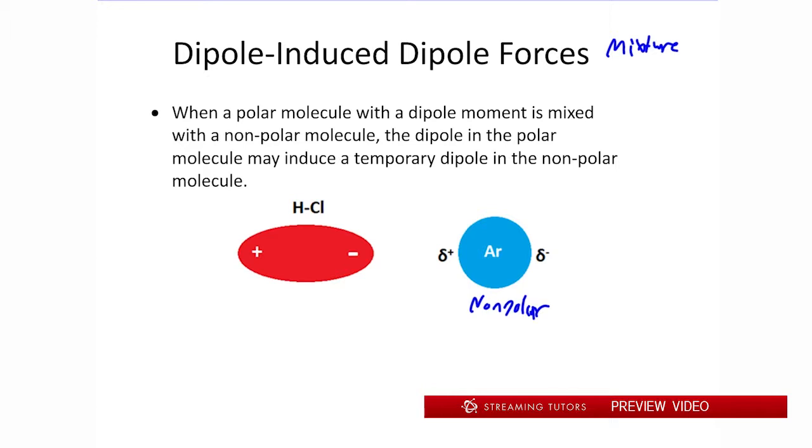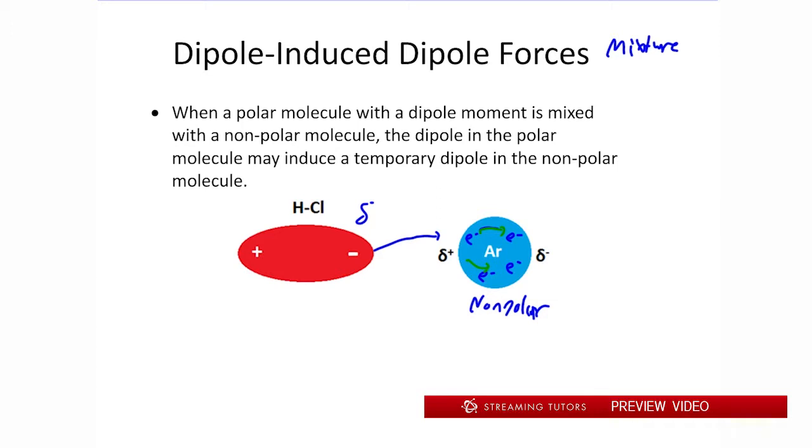What can happen, however, is as this HCl with its partial positive and partial negative sides approaches argon, it can induce a dipole in argon. For example, if this starts moving towards argon, all the electrons that are evenly spread out inside of argon's orbitals can be pushed away from the partial negative charge.